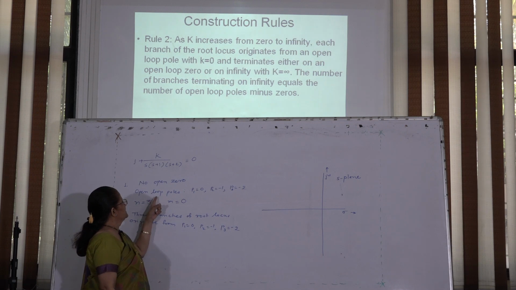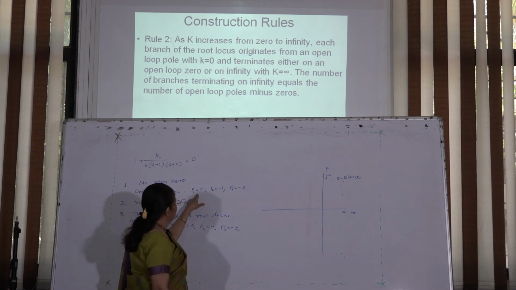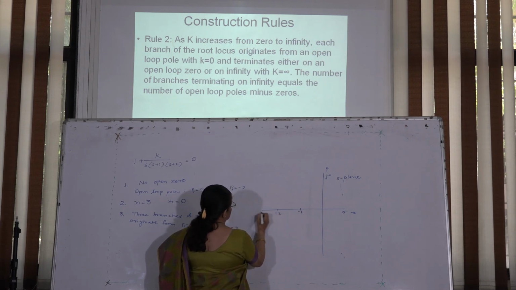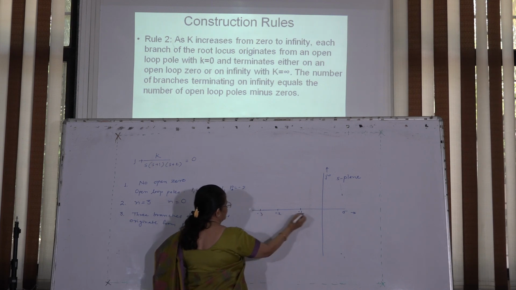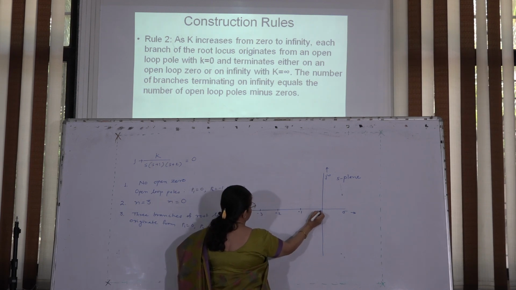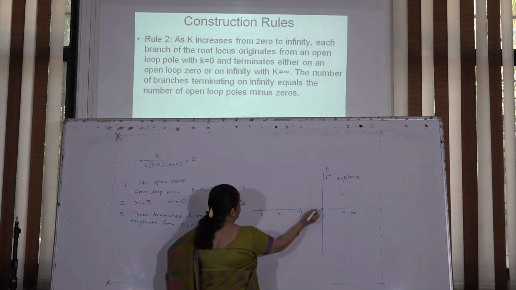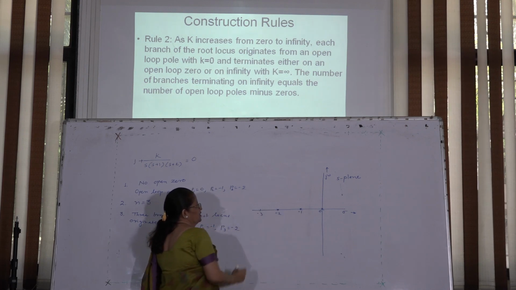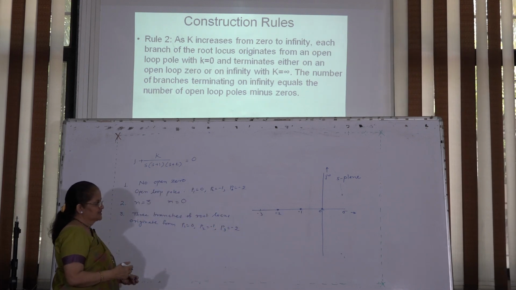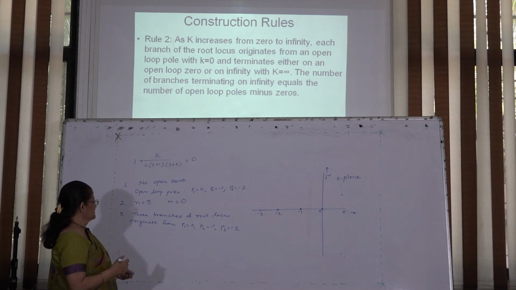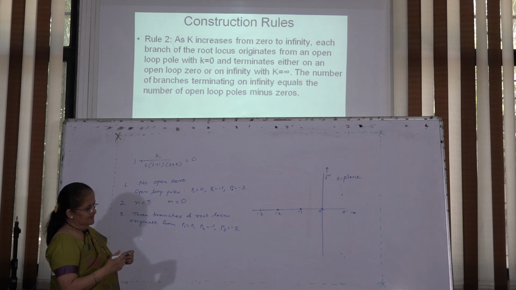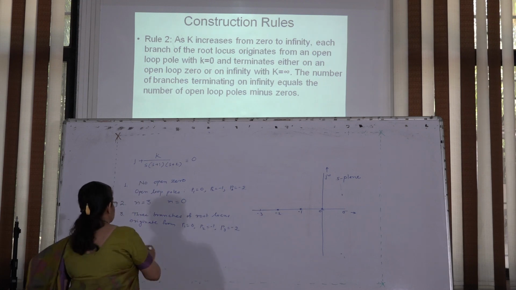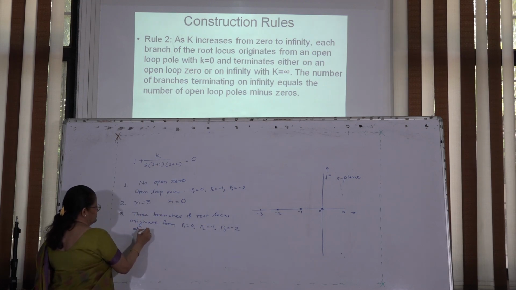Now represent the open loop poles and zeros. There are no zeros, so no problem. Represent the poles: consider these as minus 1, minus 2, minus 3, and this is 0. One pole is at 0, another at minus 1 and the next at minus 2. The 3 branches of the root locus originate from these 3 poles at k is equal to 0.